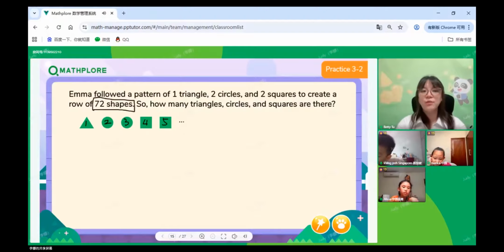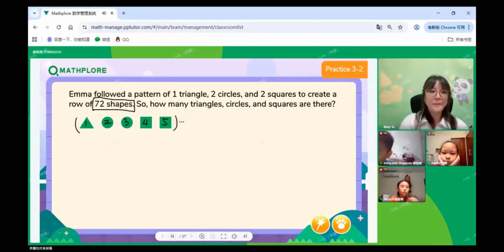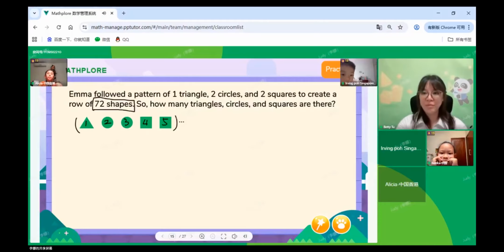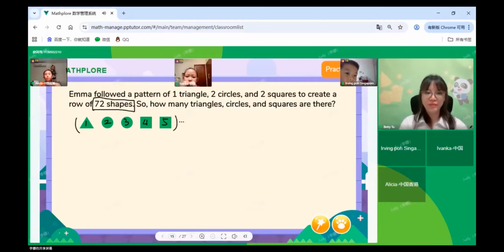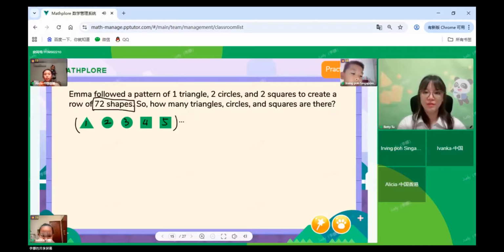So first, if we have 72 shapes and it keeps repeating in this period, step 1, what should we do? We should divide the 72 into 5. 72 divided by 5 equals 14, remaining 2.